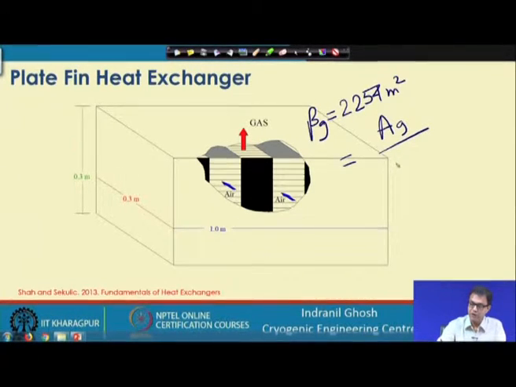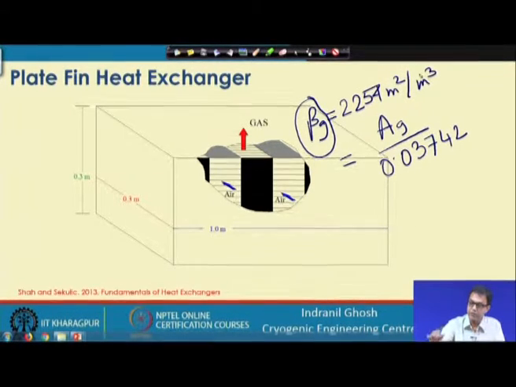That is equal to the heat transfer surface area A, that is, the gas side, divided by the volume between the plates that we have just calculated, which is 0.03742 meter cube. Beta g has the unit meter square per meter cube.